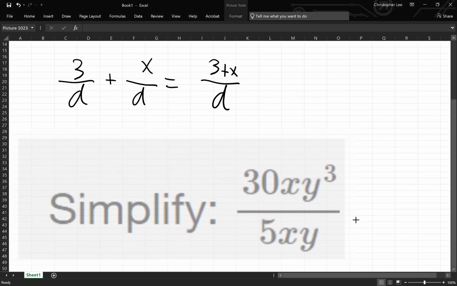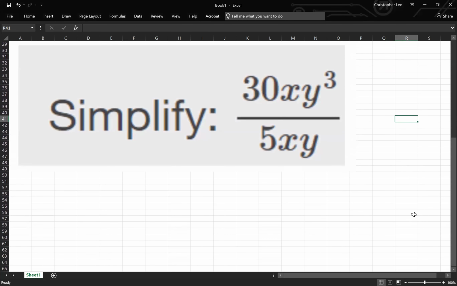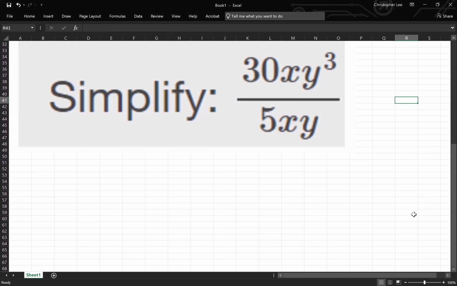All right, next. I want to simplify 30xy cubed divided by 5xy. What's the answer? Remember, numbers with numbers, variables with variables. 6, what?